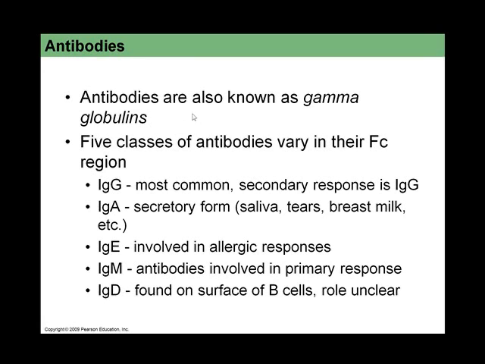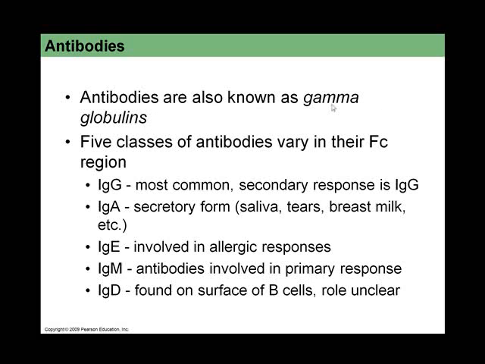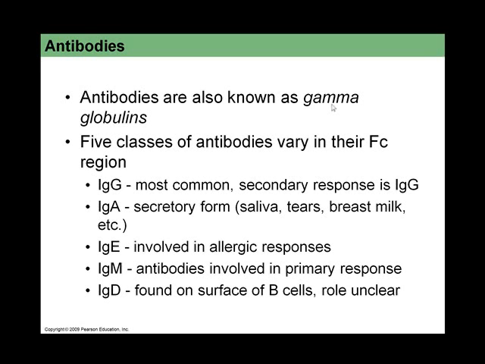Antibody binding receptors. So the antibodies are also known as gamma globulins, a particular type of globular protein produced in the body that were classified as the gamma category. So there's obviously an alpha and a beta, and now a gamma. Here we see the gamma globulins. So there's different types of globular proteins, different classifications. The antibodies fall into the gamma globulin. There are 5 classes of the gamma globulin antibodies based upon the FC region being different.